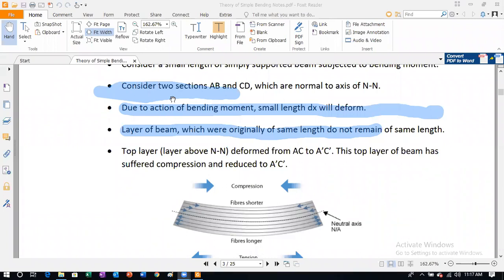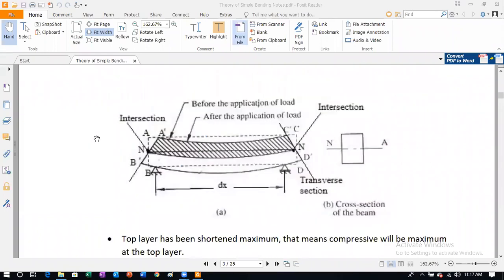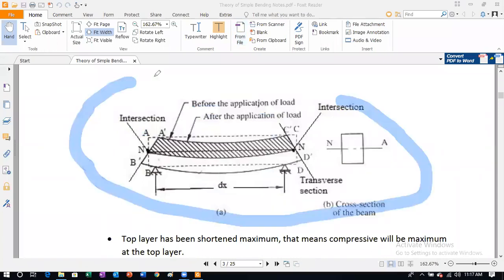We have this section, in which A is a transverse section and B is the cross section of the beam.